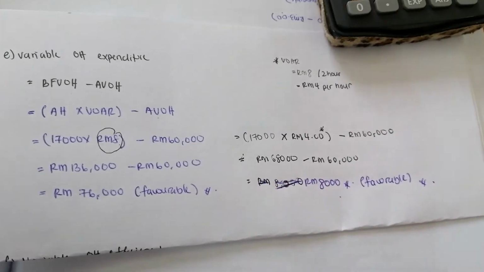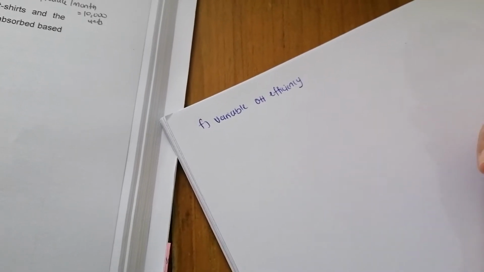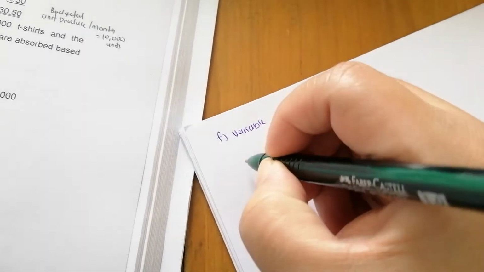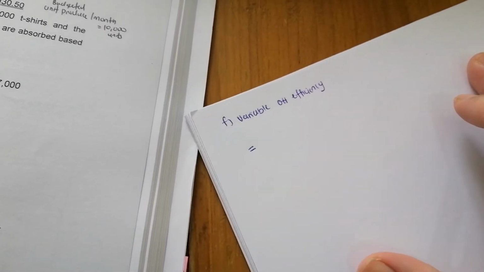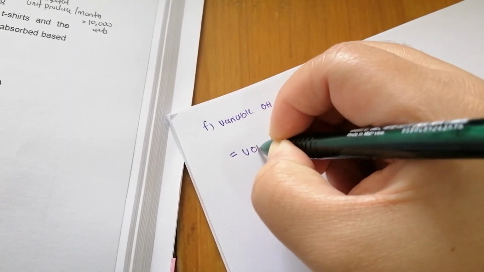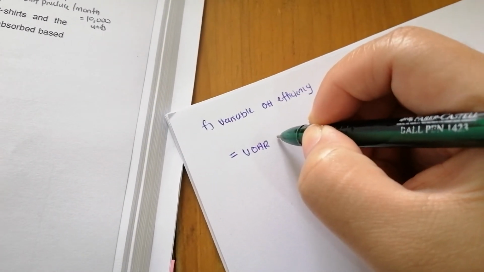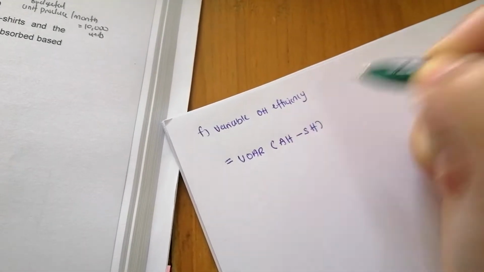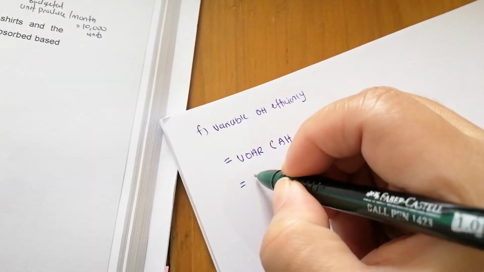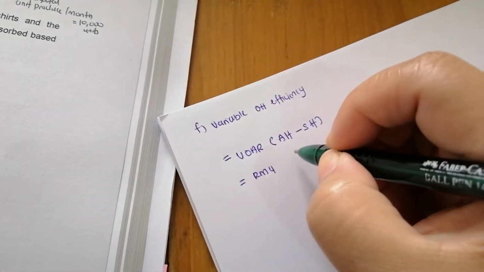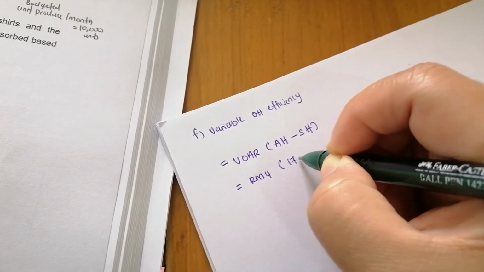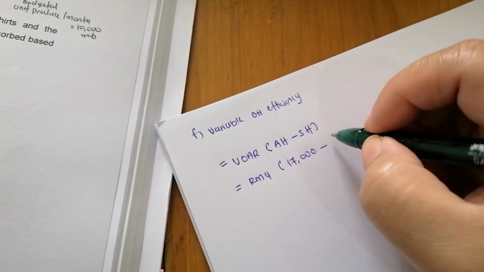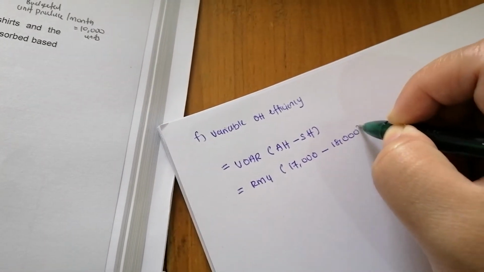Alright, next the question asks you to calculate the variable overhead efficiency. So the formula is the VOAR multiplied by the difference between actual hours minus standard hours. The VOAR is 4 ringgit, times the difference between actual hours, 17,000, minus standard hours, 18,000.